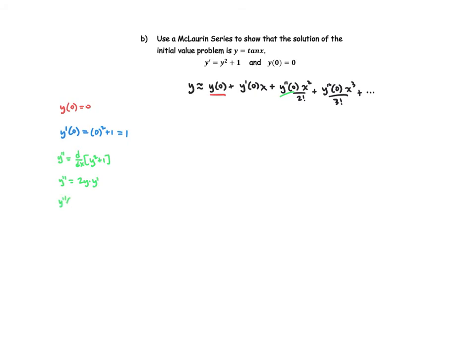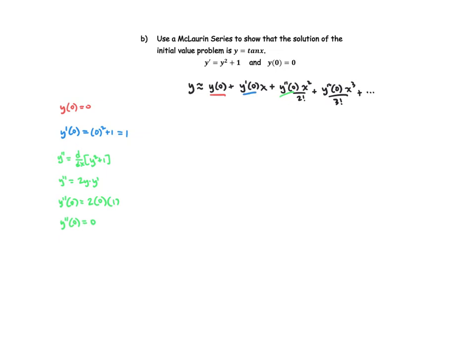So y double prime at 0 is going to be equal to 2 times 0 times y prime at 0, which was 1. Okay, so we're going to see that y double prime at 0 is equal to 0. So far 2 of our terms here are 0. That's great. We see that we will have a linear term since y prime at 0 is 1.